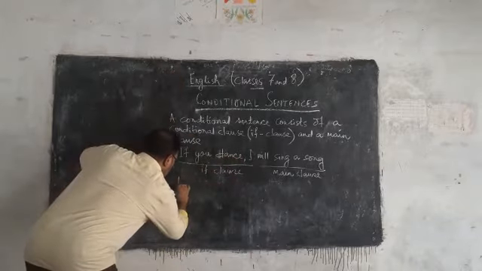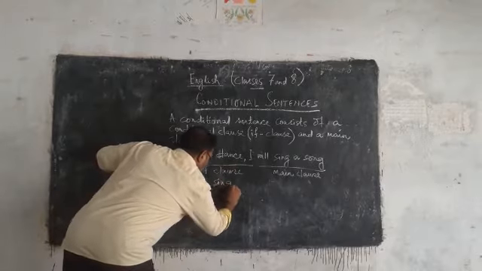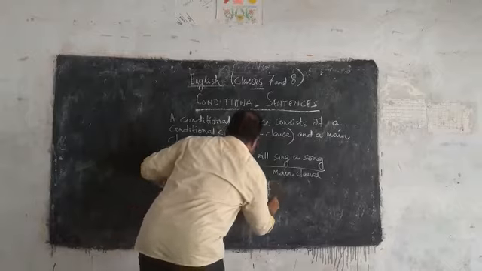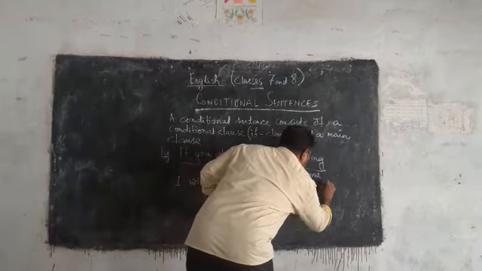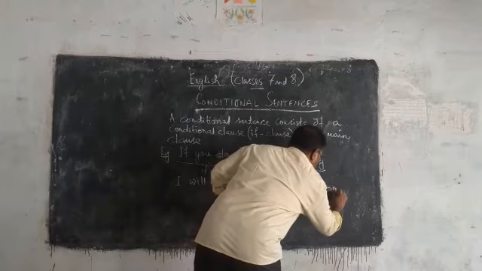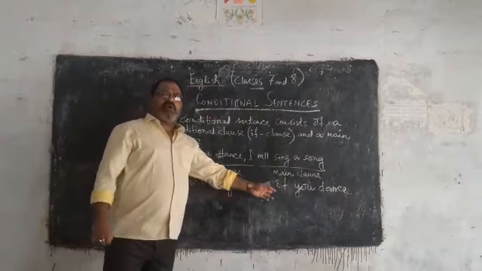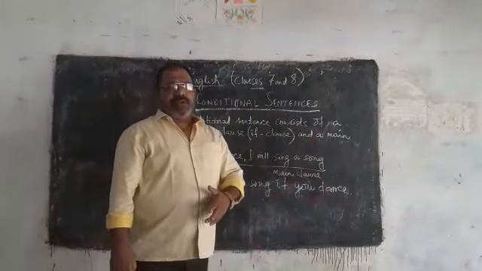See, I will sing a song if you dance. We do not use a comma to separate the main clause from the if clause.